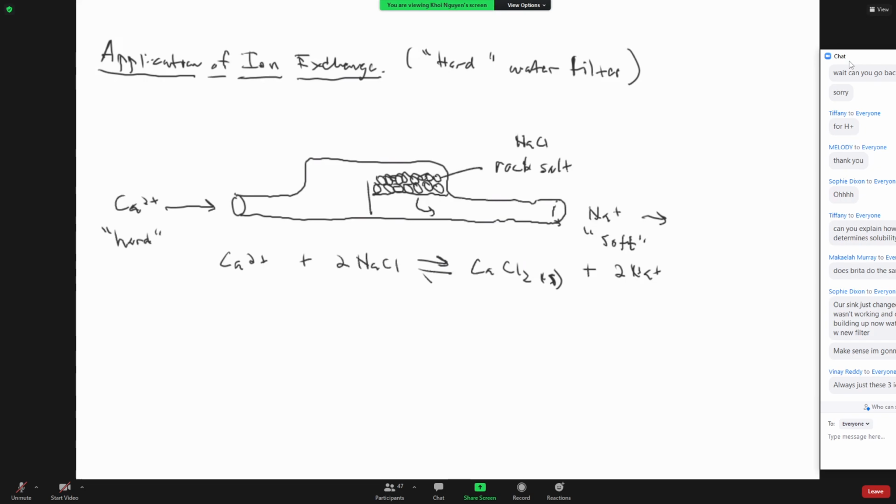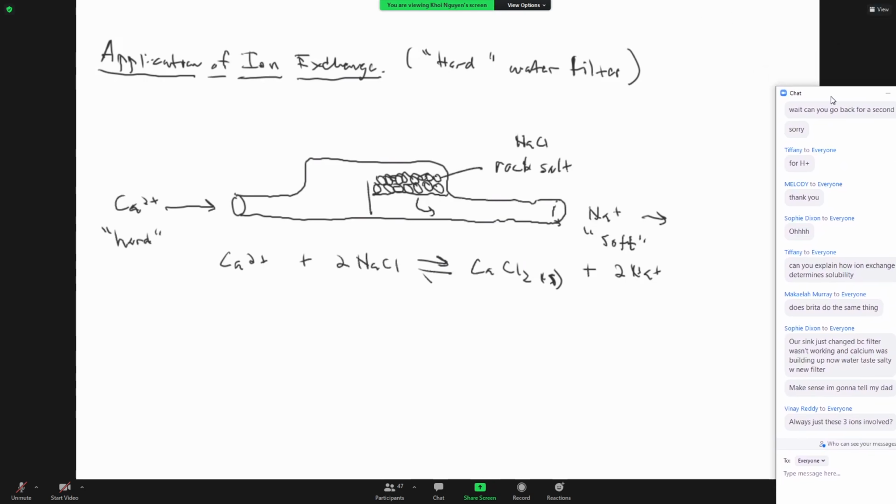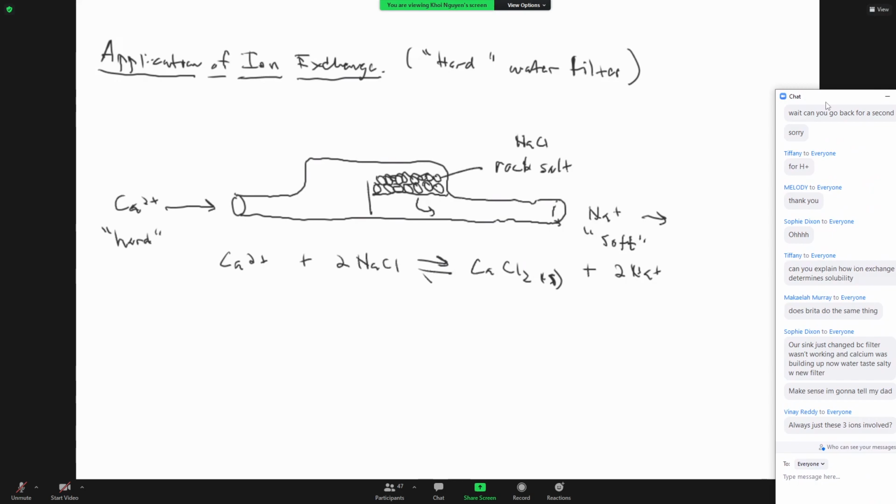Typically, yes, hard water is usually calcium oxide that's being produced after it dries up in their pipes. So it'll generally be calcium, it'll generally be chloride, and it'll generally be sodium. Because salt is so readily available, you can get it from anywhere by just drying ocean water, right? It's the cheapest way to make it.